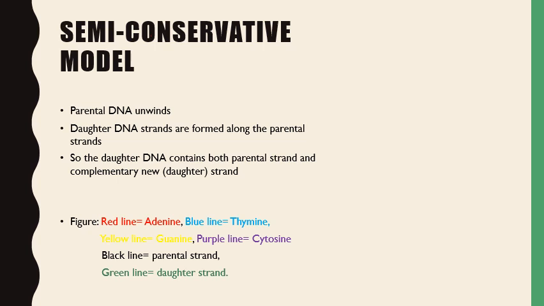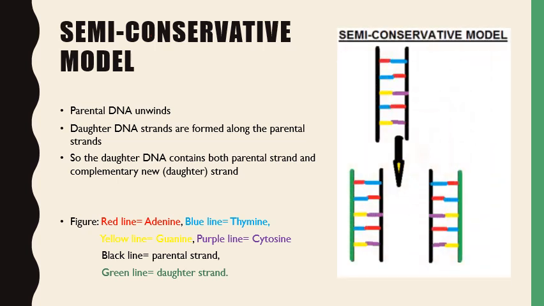At the time of replication, during the first round of replication, in the case of the semi-conservative model, the two strands unwind. As you can see in our new dotted strand, only one strand is the parental strand, while on the other hand, we have a new daughter strand that is shown in green color.